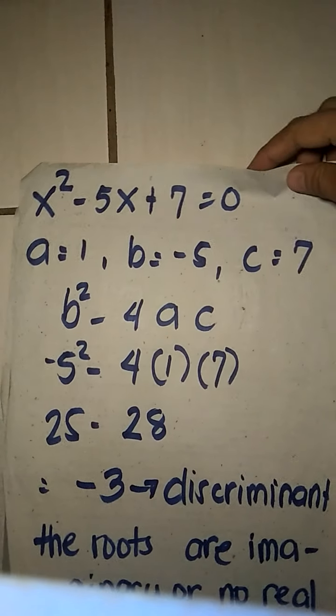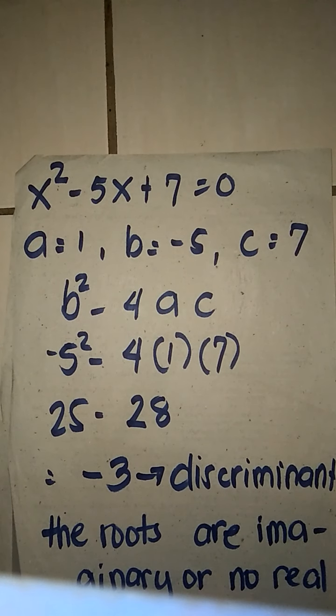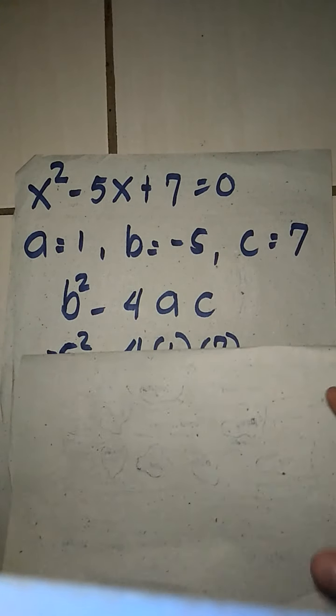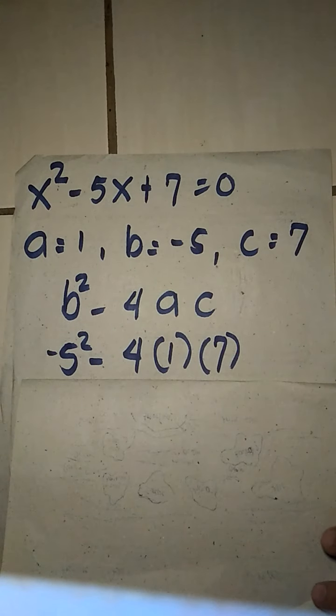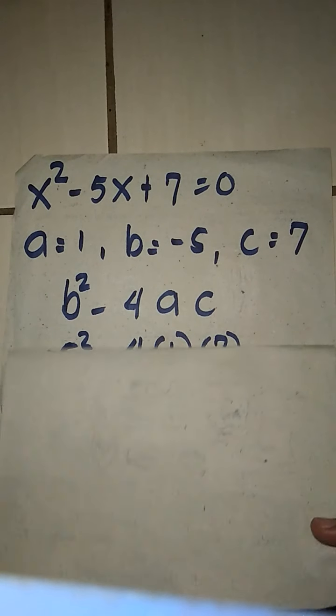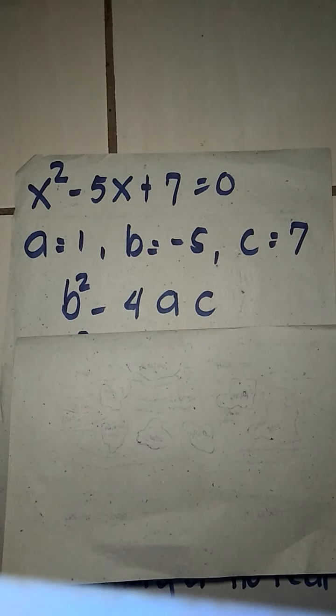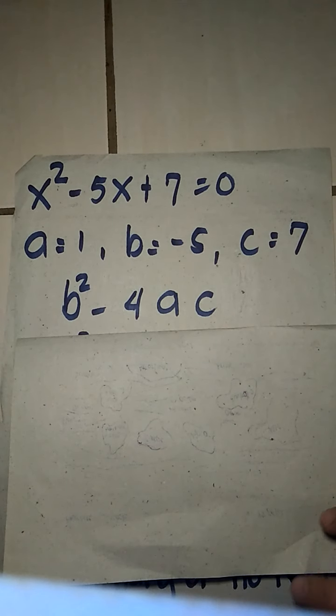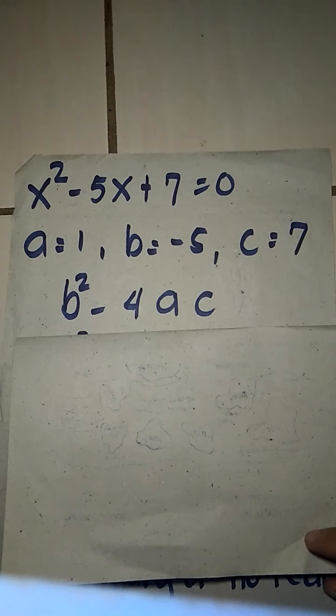Next example we have here, x squared minus 5x plus 7. Okay. So, we have a, which is 1, b is negative 5, and c is positive 7. Got it? Then, the formula for the discriminant is b squared minus 4ac.